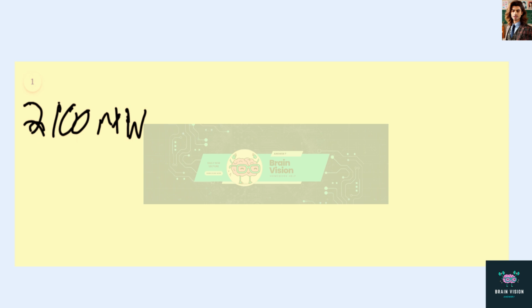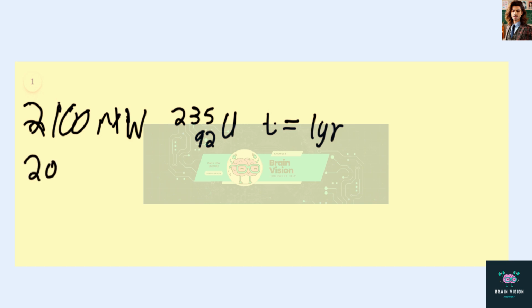Part A asks us what the total mass of uranium-235 fuel would be required to operate the plant for 1 year, assuming that 200 mega electron volts is released per fission.